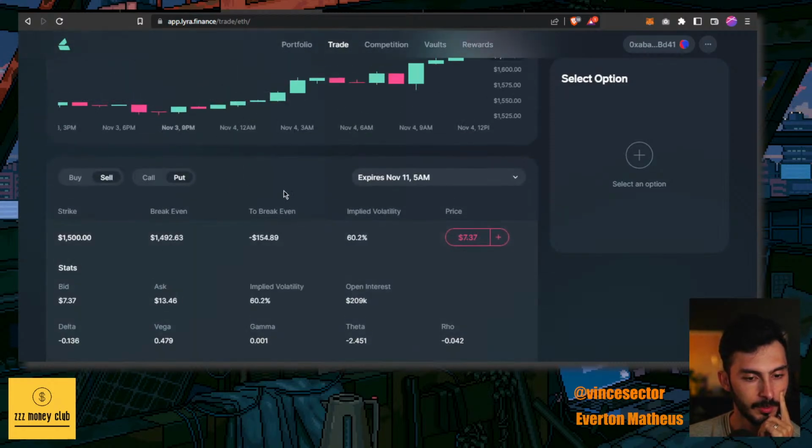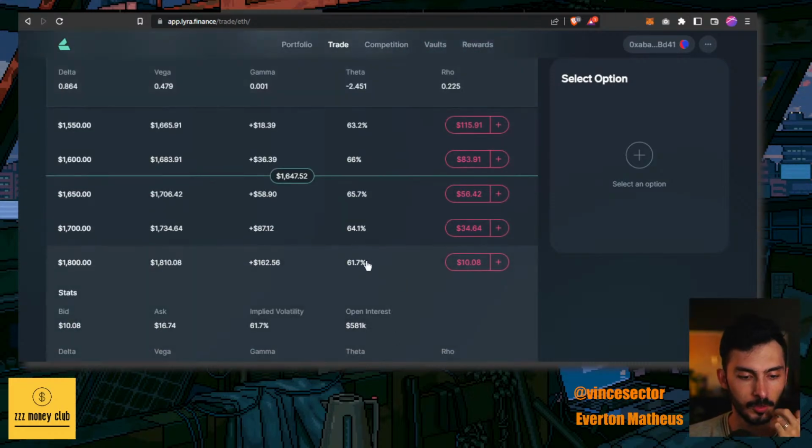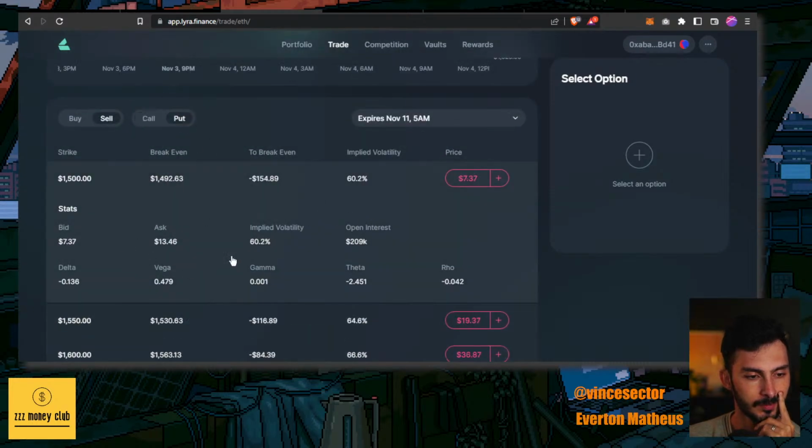What's the volatility on this one? This is a 60 volatility. This one is a 61, almost 62. Well, actually now that I'm seeing it, maybe the 1800 is the best one, because if we sell this one, we have a lower volatility, which we don't want. We actually want to sell a higher volatility, but we do have a better Vega for us and a better delta.